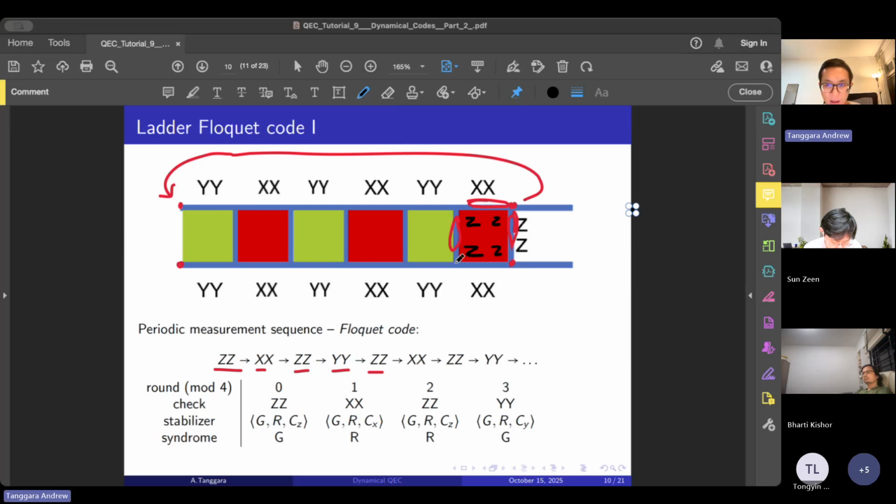And what I measured here is essentially a stabilizer in this red plaquette. And what that stabilizer is basically the product between this ZZ and XX. So this plaquette is going to be actually a YY stabilizer.